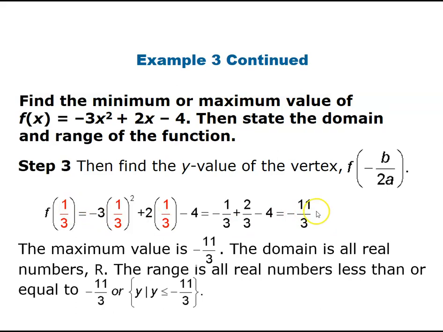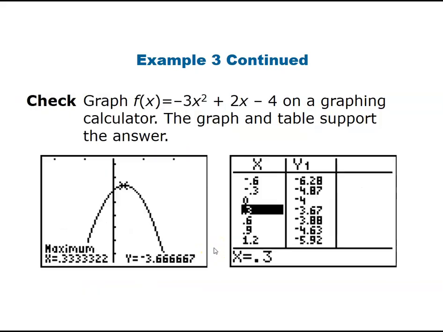So what is the maximum value now? The maximum value is negative 11 over 3. So the domain is all real numbers and the range is all real numbers less than or equal to negative 11 over 3. The graph of that will be going down. So that is the graph of the function.